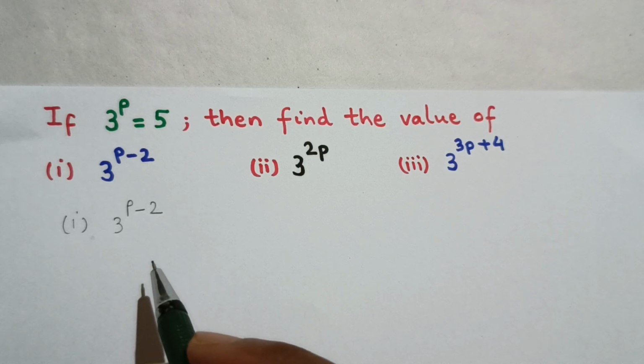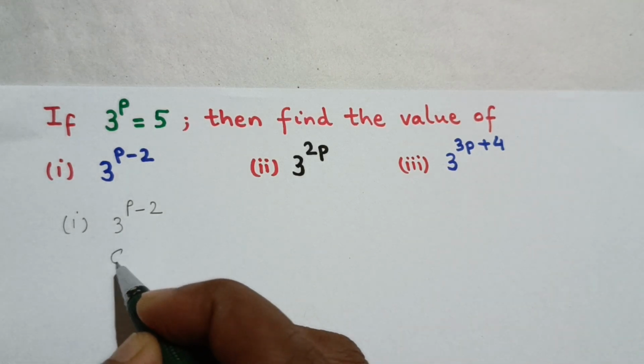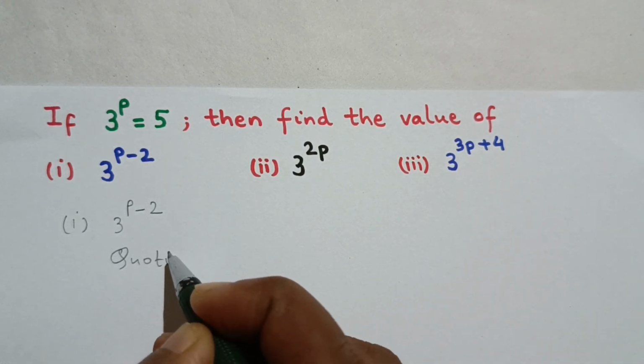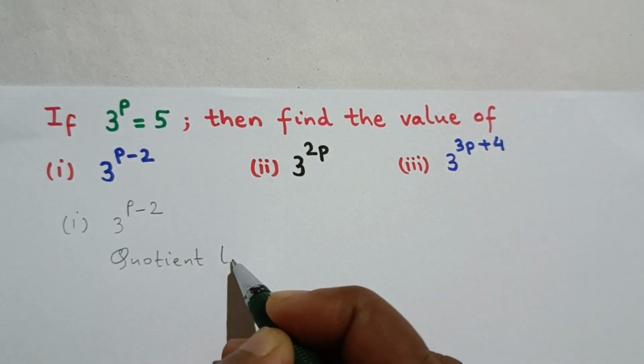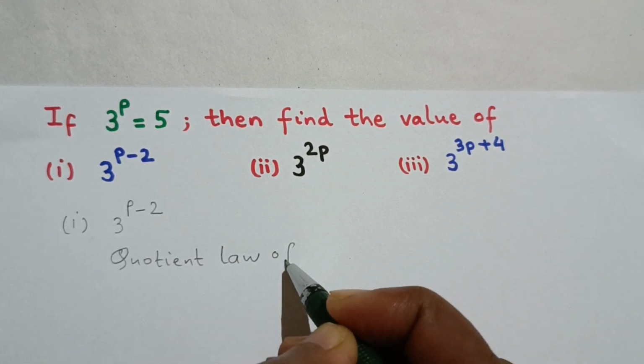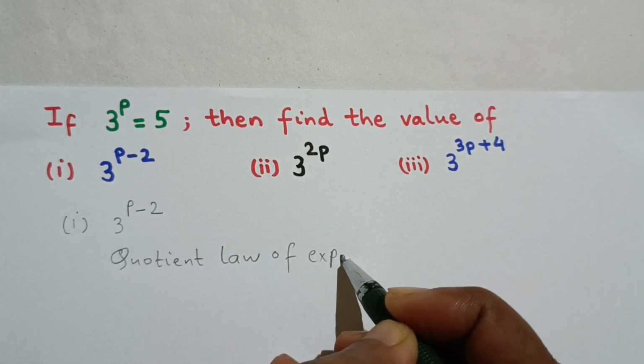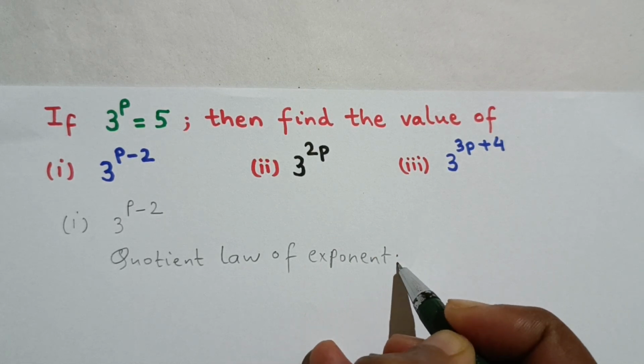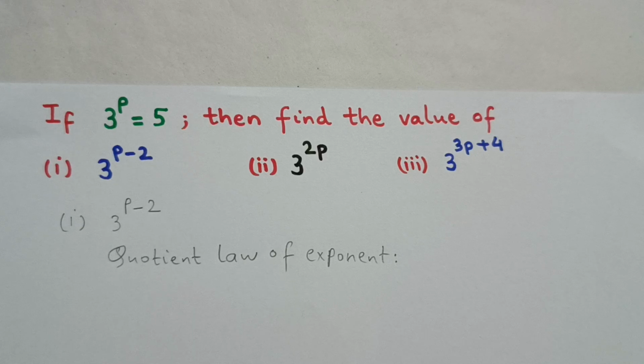Now let us visit the chapter of exponents. In our chapter of exponents we have studied a few laws, and one of the laws was the quotient law of exponent. So what was the quotient law of exponent?